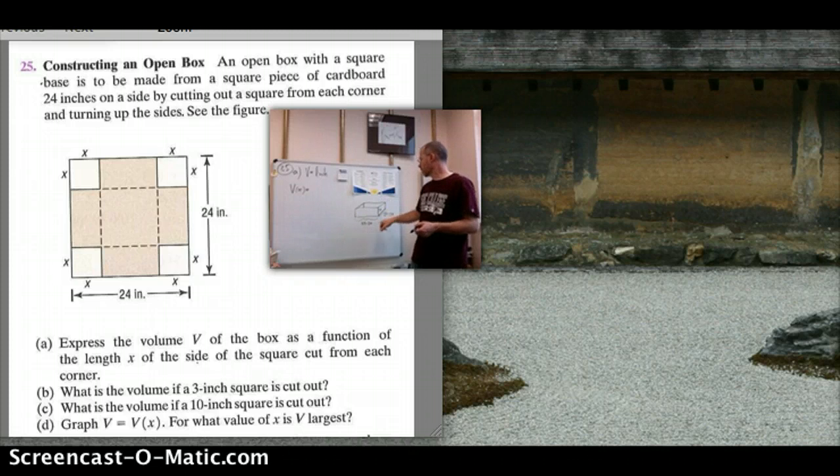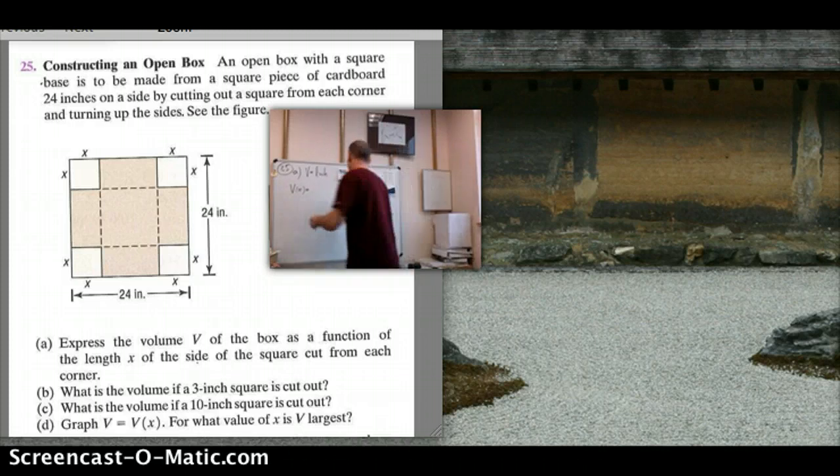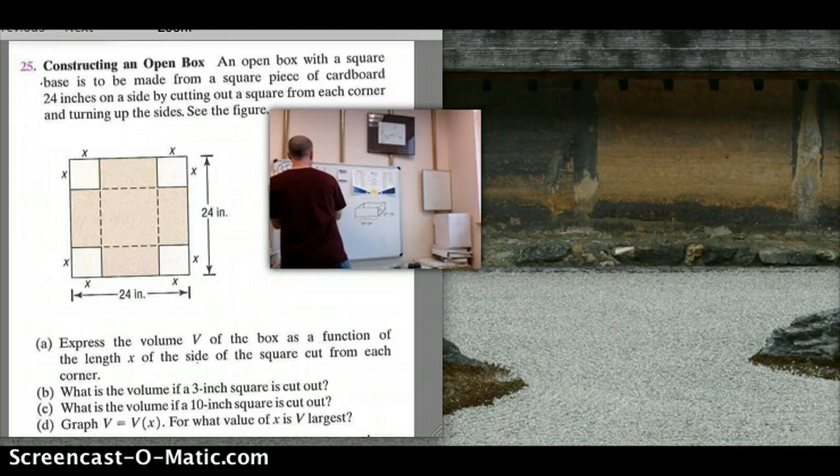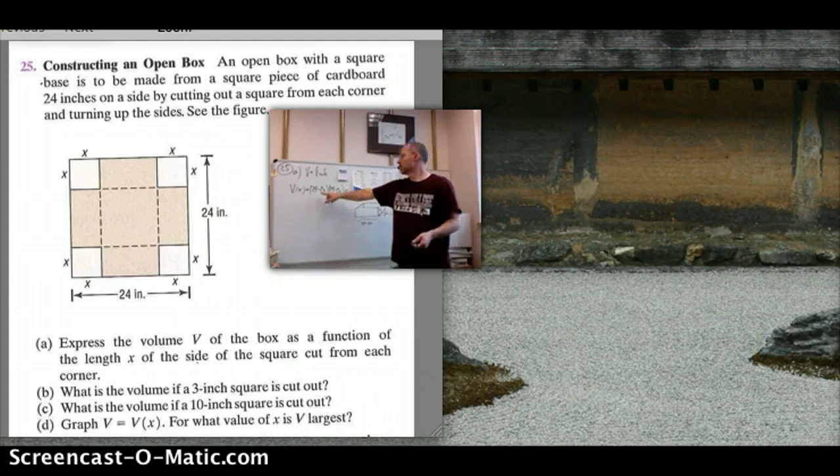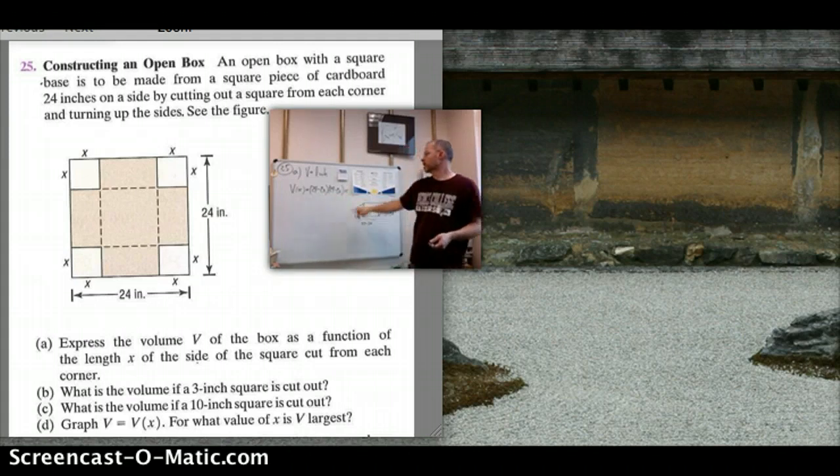And luckily I've got that worked out right here. So basically 24 minus 2x times 24 minus 2x, and multiply this all by x. Okay, so here's volume expressed in terms of just x, right? Length times width times height. That would actually answer part A.